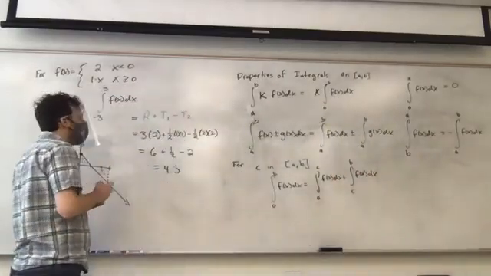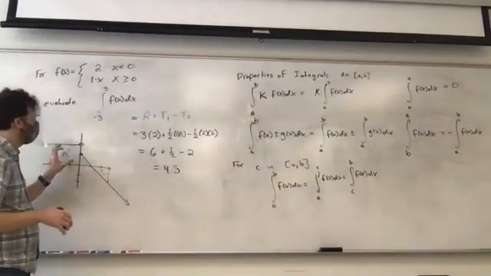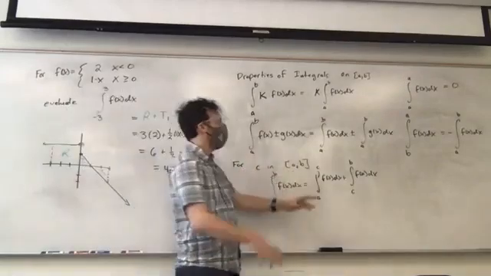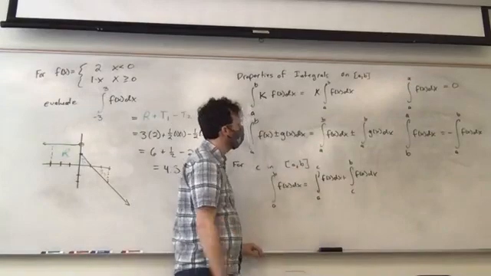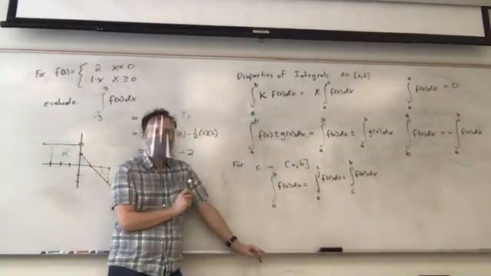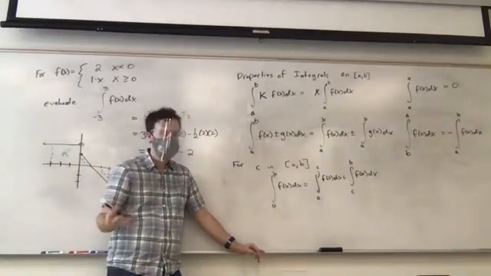So the takeaway from all of this is that we can find the integral by thinking of it as area. We also have some ways of handling integrals, breaking them into smaller pieces. What's unfortunate is none of this actually helps us find something like the integral of x squared from 0 to 1.